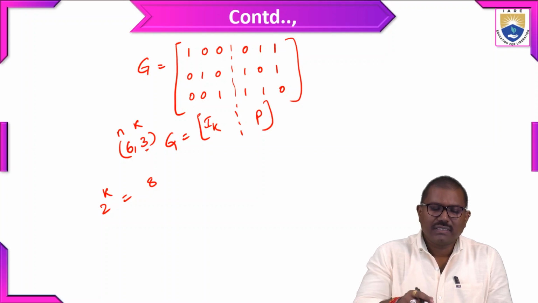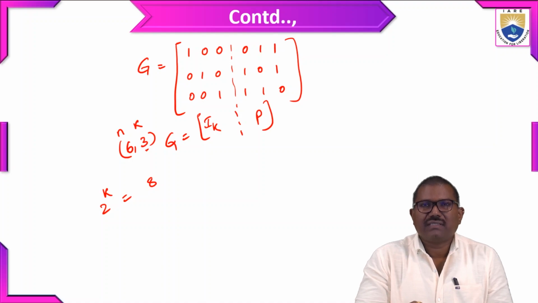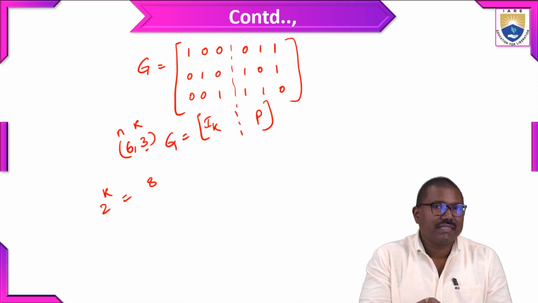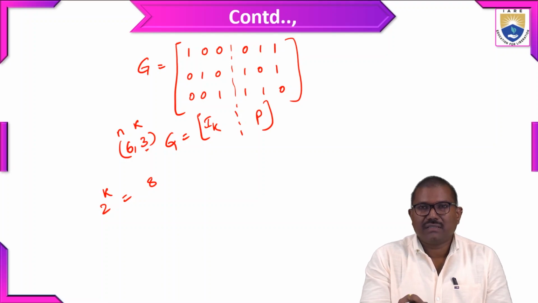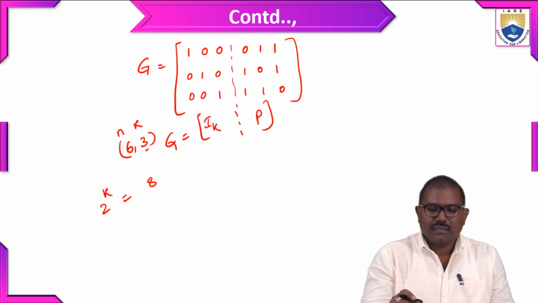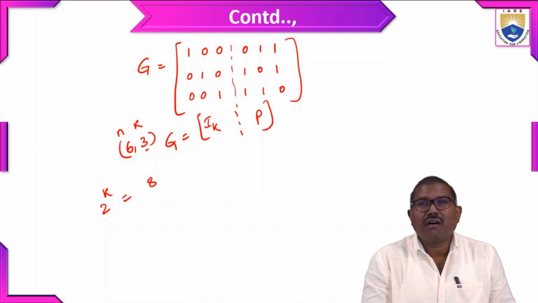So why is the size 3? Because this is given as (6,3). K is the message size and P is the coefficient matrix. Okay. So here G equals I_K augmented with P.